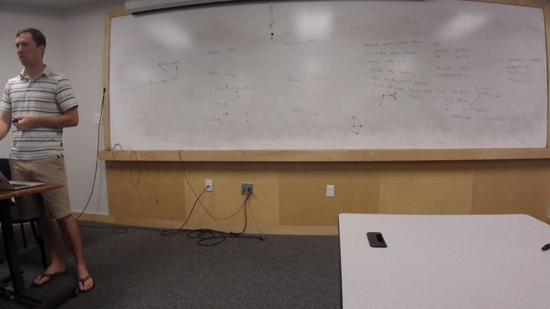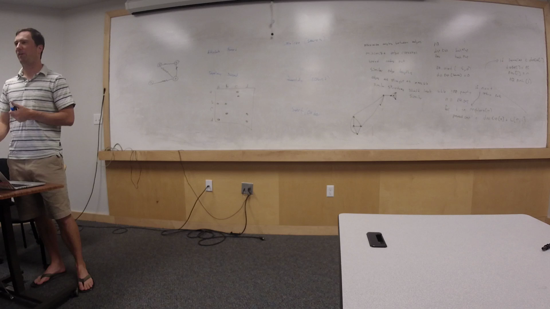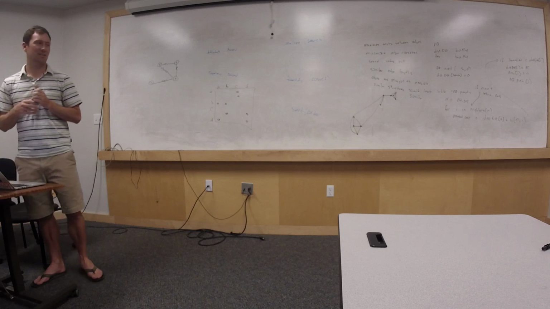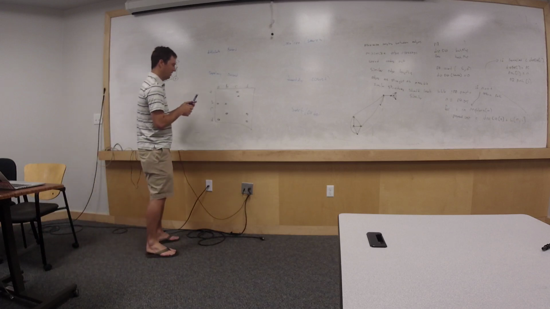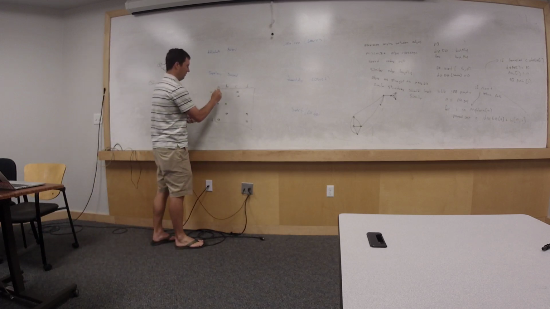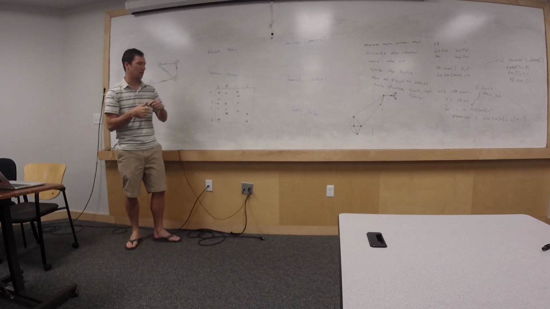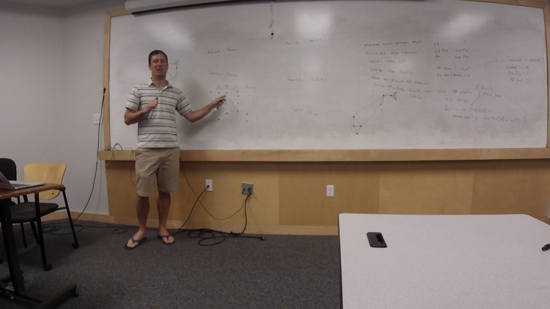Another thing the matrix representations are really good at is finding clusters or cliques. So what would a cluster or a clique look like in a matrix? Yeah, it's going to be a block where everything's filled in.